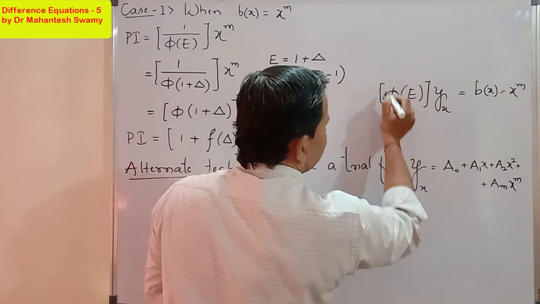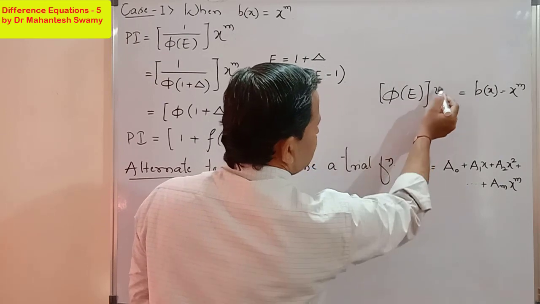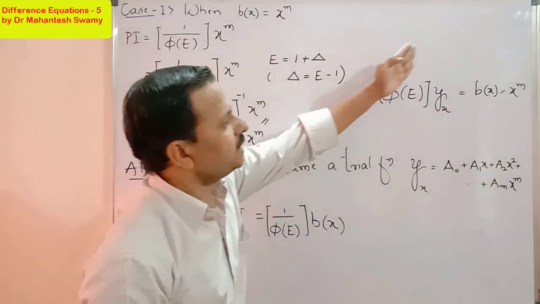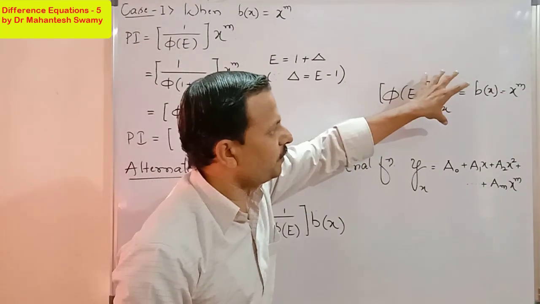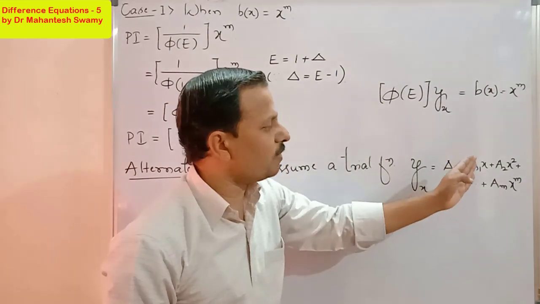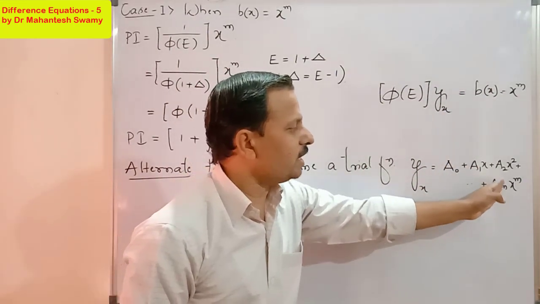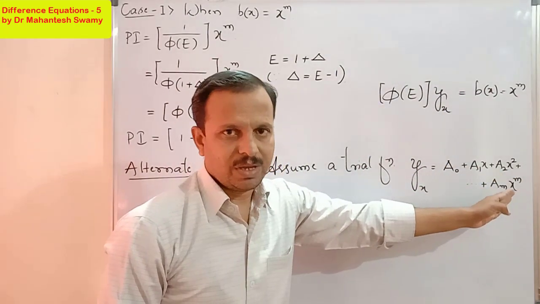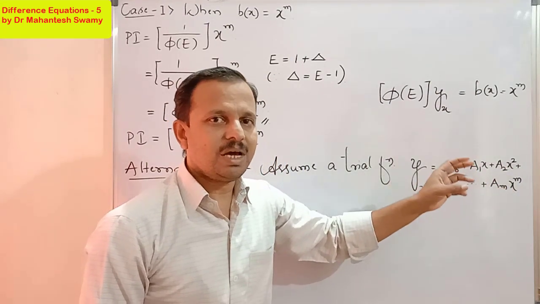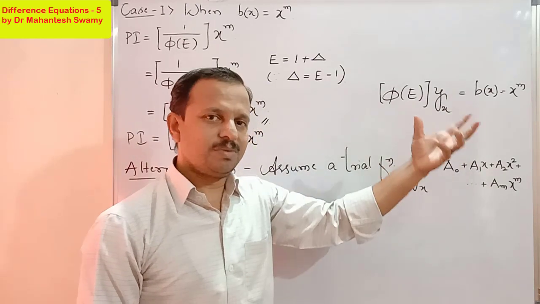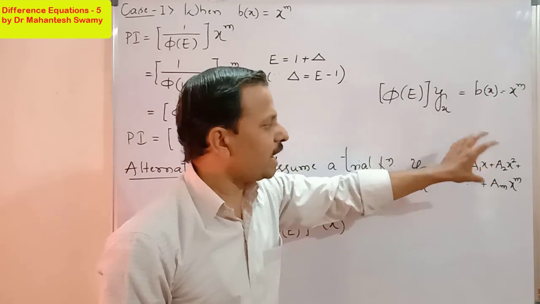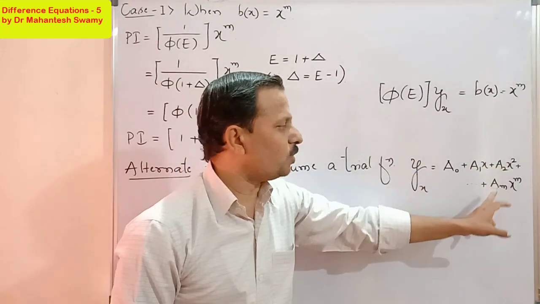In this expression, we substitute this trial function, operate and simplify. Then by equating the coefficients of similar powers of x, we get the values of these coefficients.